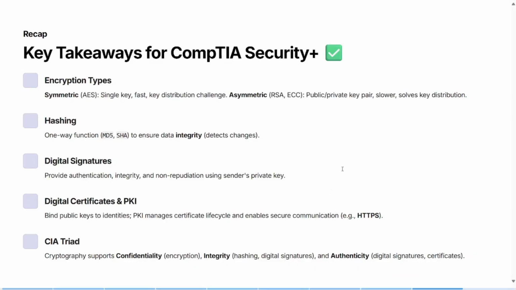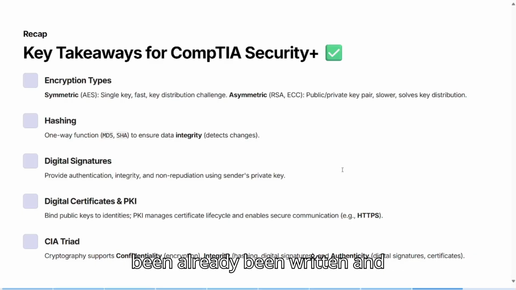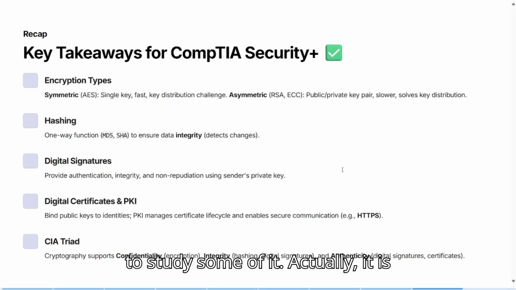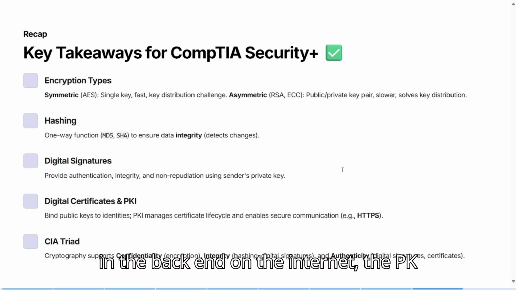In PKI, all the infrastructure, policies, and procedures have already been written and implemented, so we just need to study some of it. Actually, it is already working. Whenever we search or build something in the back end on the internet, PKI is already working.